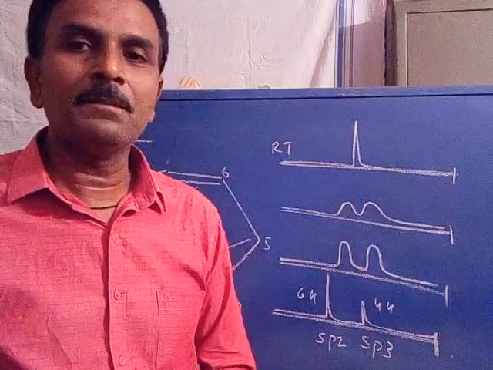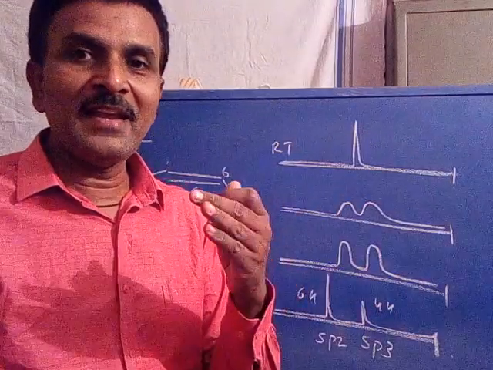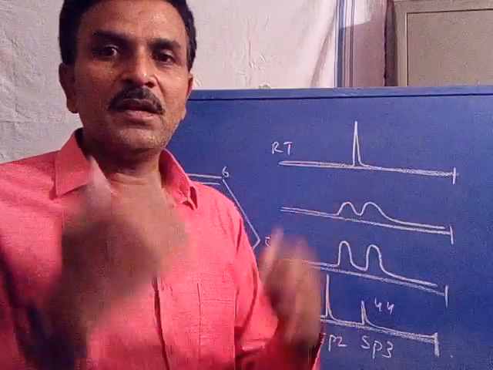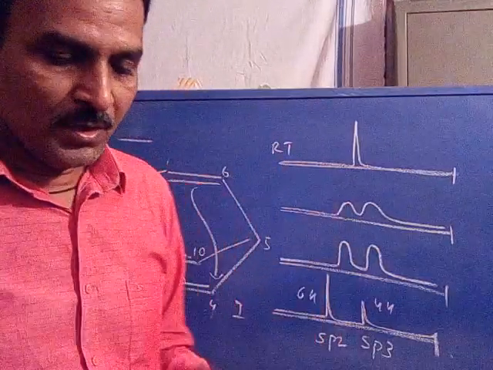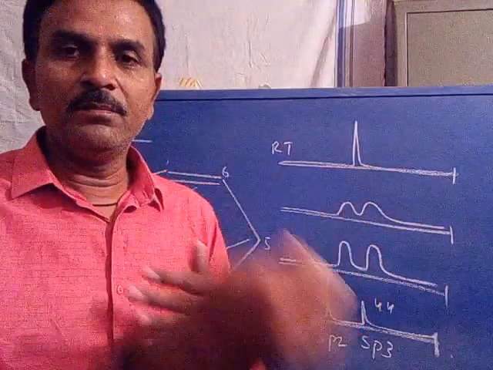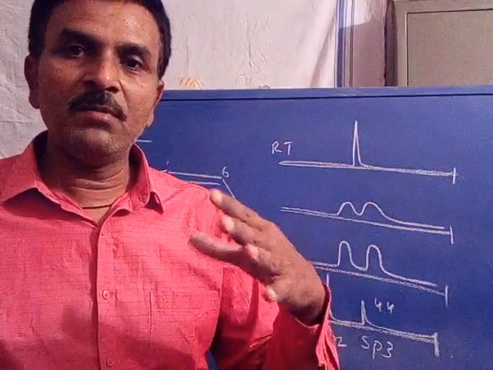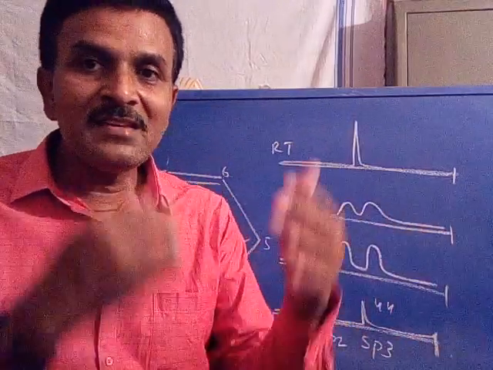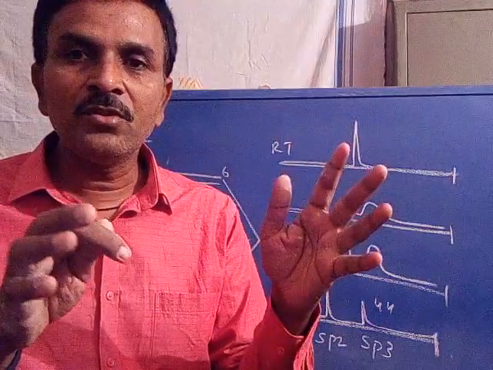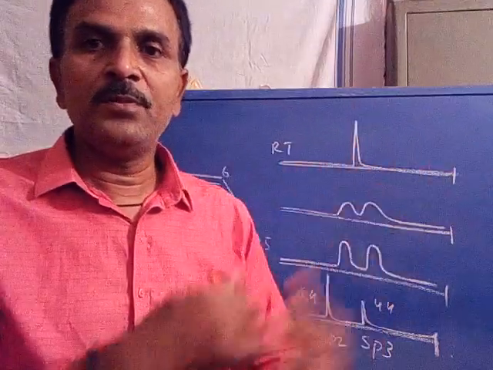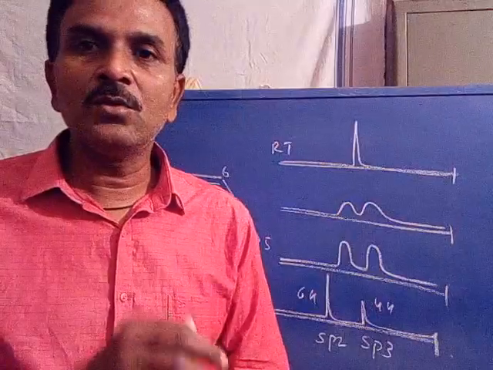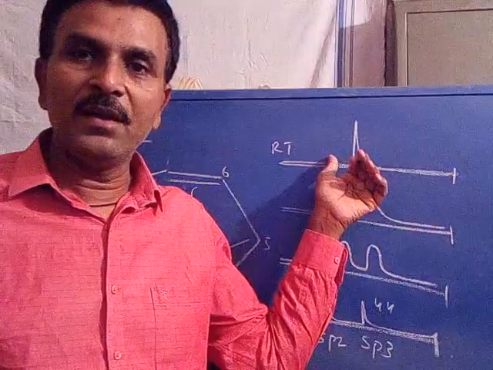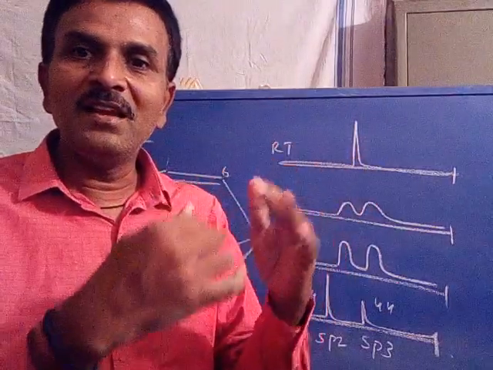When the exchange of double bonds and single bonds between structure 1 and structure 2 is fast, we cannot distinguish which carbon is sp3 and which is sp2. That means the protons attached to sp3 carbon and sp2 carbons become equivalent. Hence one signal appears.